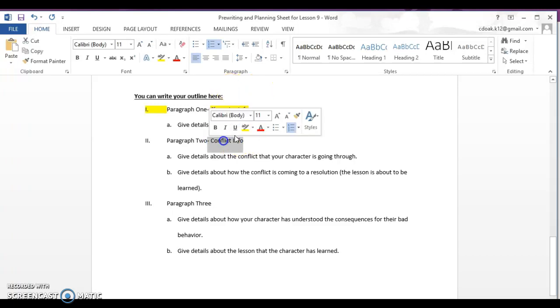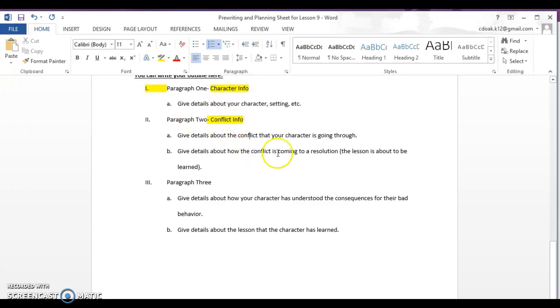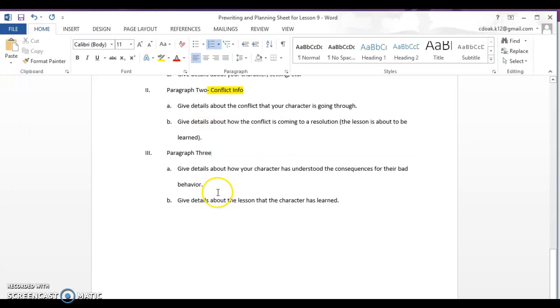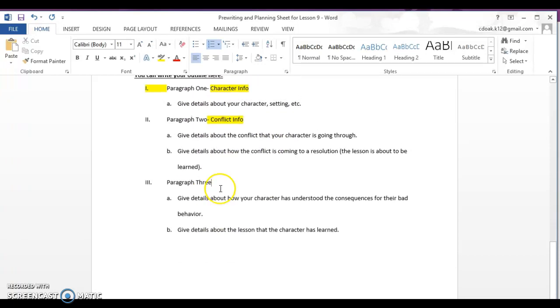That's what that whole paragraph is going to be about, the conflict or the problem. And then at the end, give details about how your character has understood their consequences. They are learning from it. So we could put that the lesson is learned.